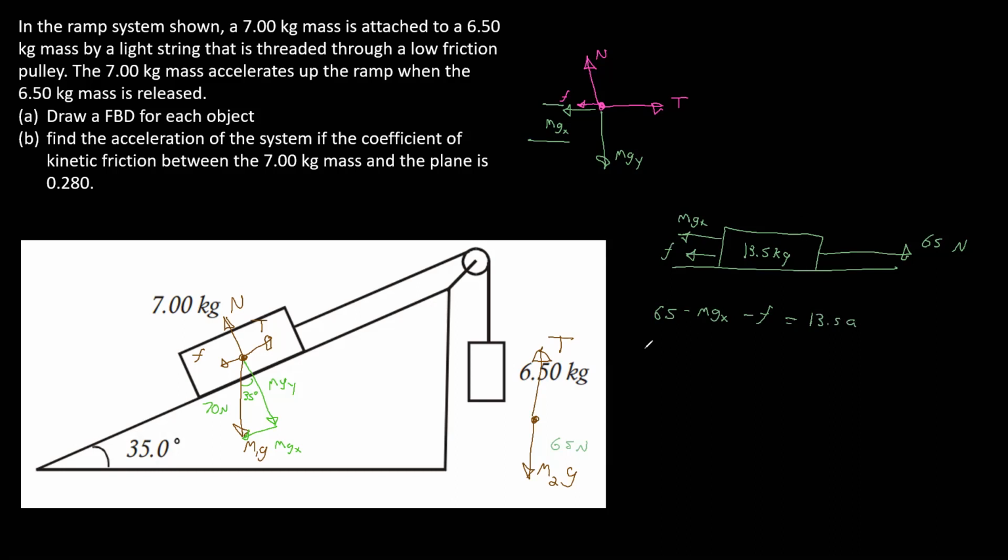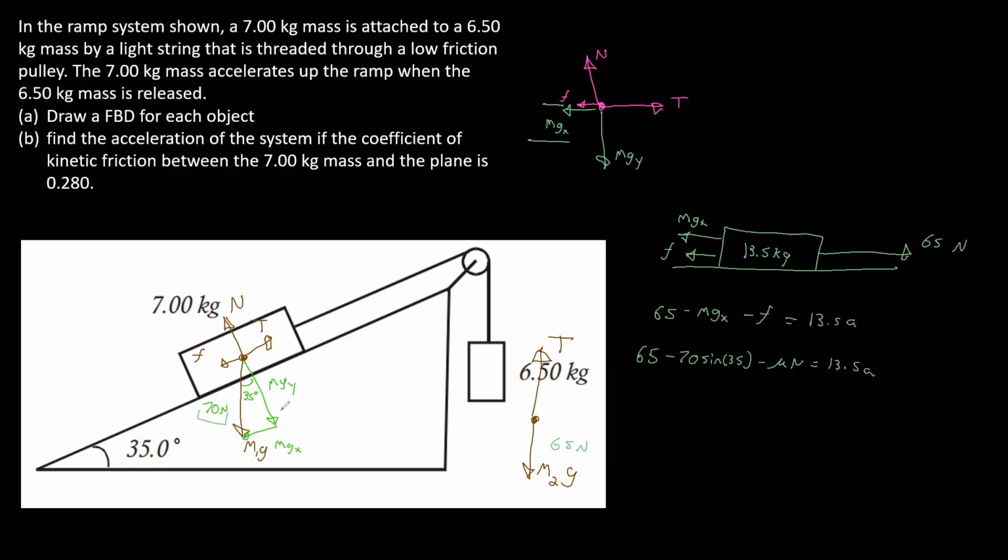Now I can find mgx because mgx is going to be 70 sine 35. Now, where did the 70 times sine 35 come from? It's my hypotenuse, which is going to be my mass of 7 times 10.